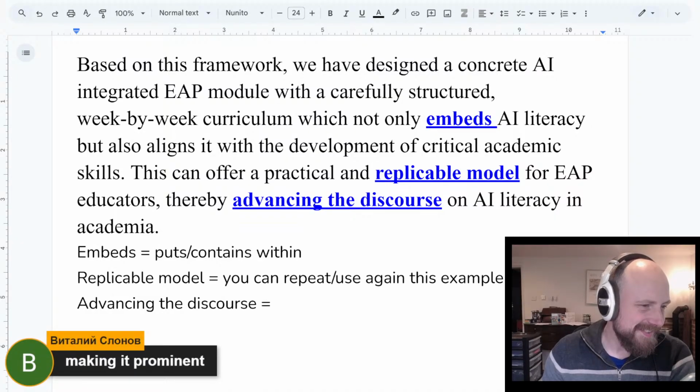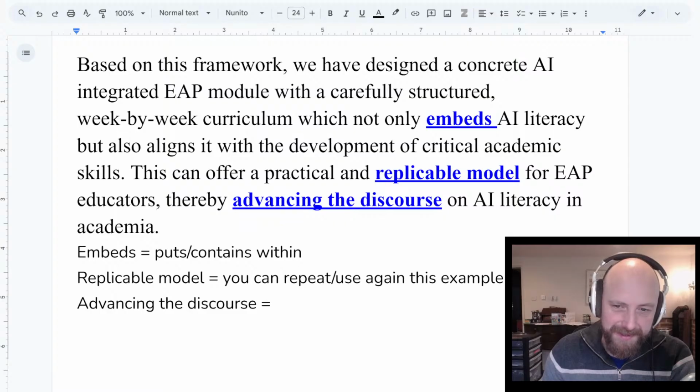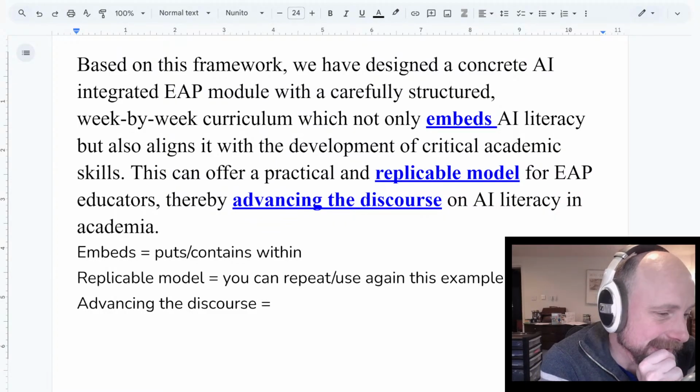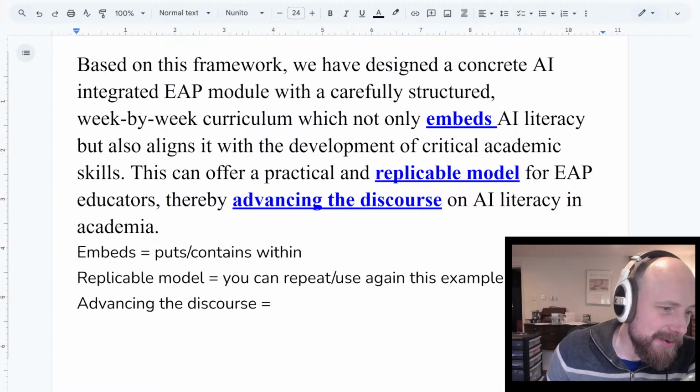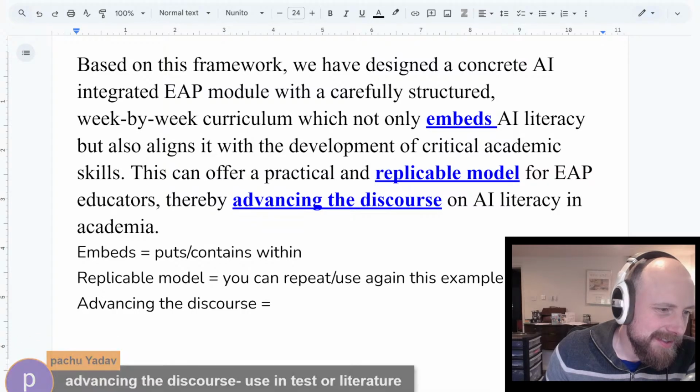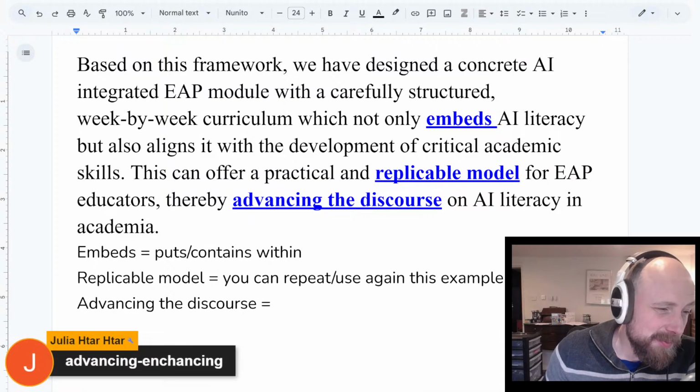No. No, that's not it. Good guess, by the way, all of you. Increasing? No. Improving? Kind of. Enhancing? That's pretty good, Julia. That's the closest so far.